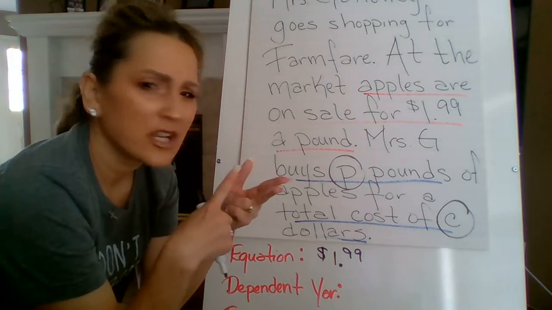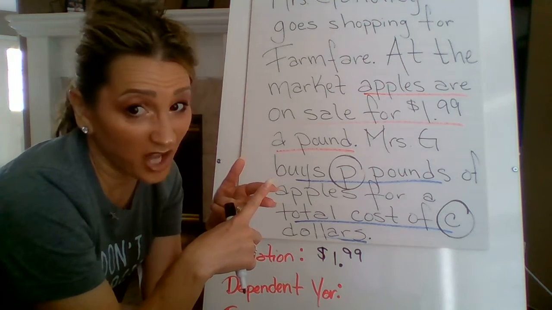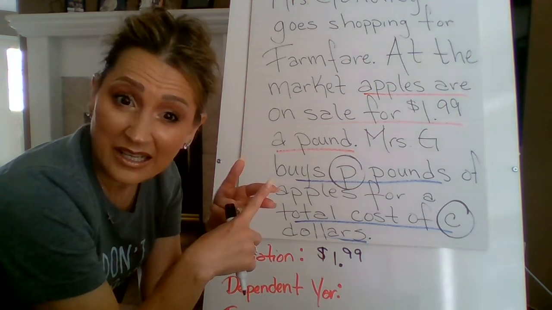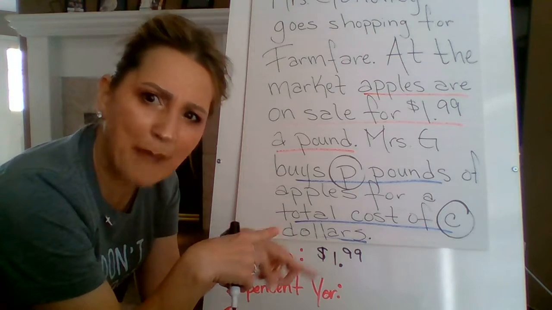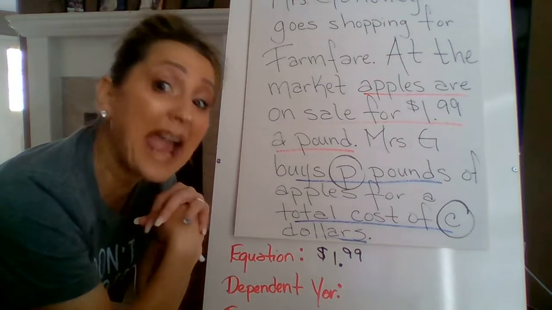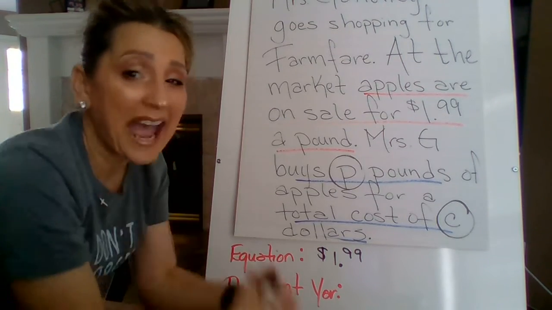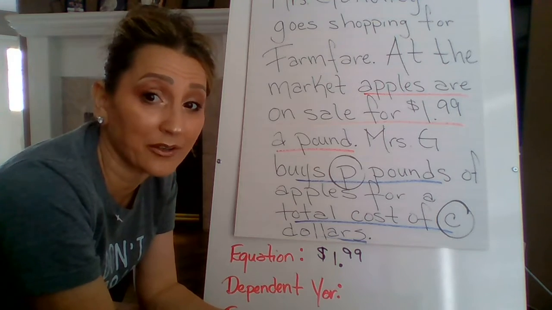Probably not. Do I want to divide the pounds of apples by $1.99 or $1.99 by 3? Did the 3 pounds of apples only cost $1.99? Or did every pound of the apples cost $1.99? I think every pound of the apples cost $1.99.